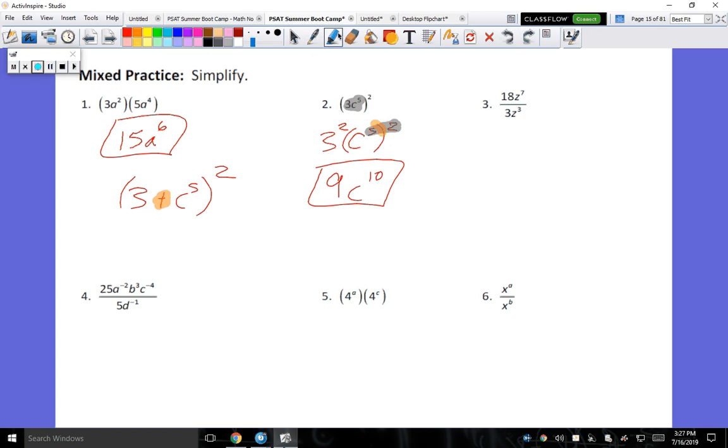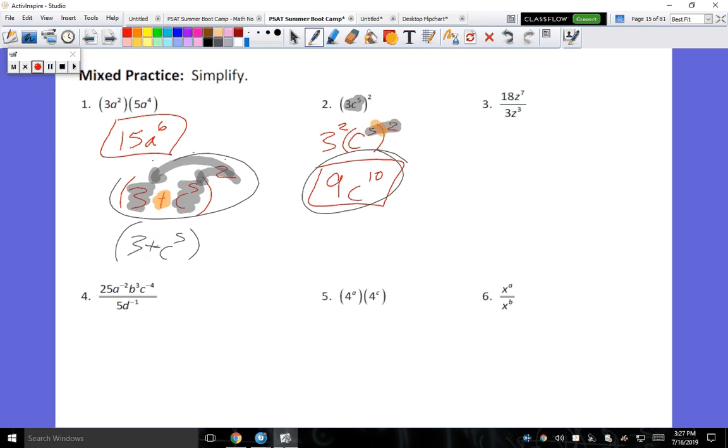If you have 2 islands, does the power get applied to both of them the way it did here? No. It doesn't, okay? Multiplicity says that this will be 3 plus c to the 5th times 3 plus c to the 5th. Almost like a foiling method, if you will. That is a common mistake. If you know it, you're good. If you don't know it, please make note of that in your notes, okay?